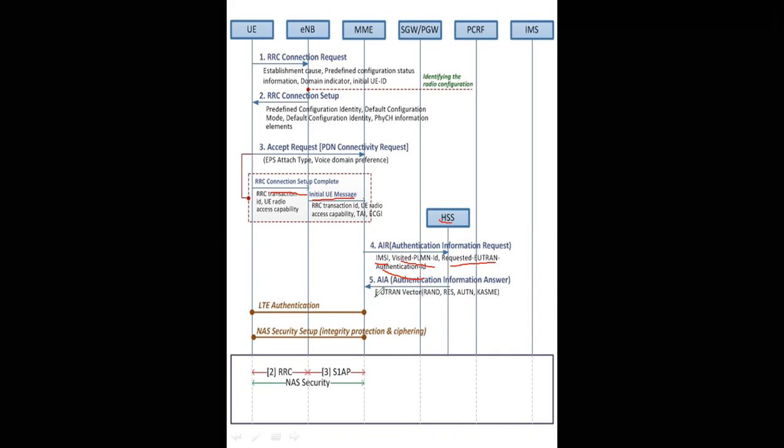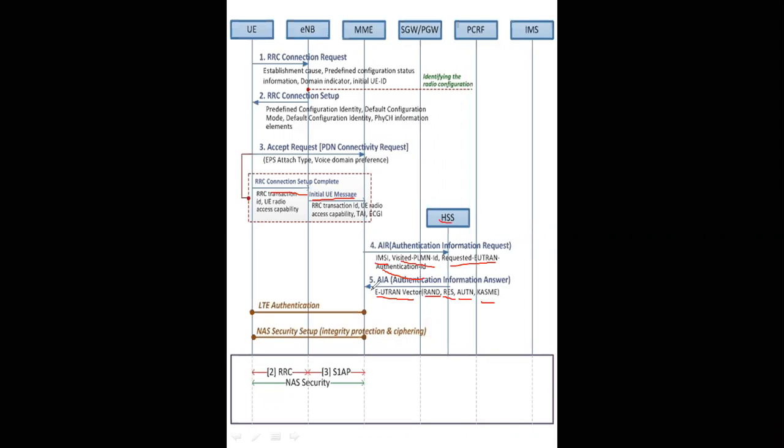In this, the E-UTRAN vector is present. What kind of vector? Your random number, your expected result, your AUTN, and your KASME, which is derived from the CK and IK values.